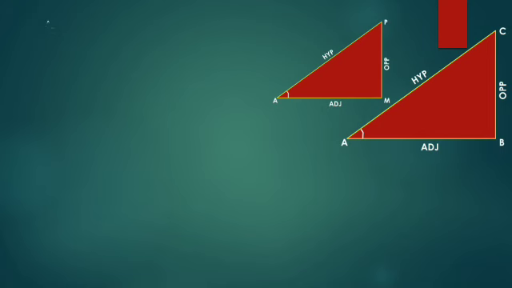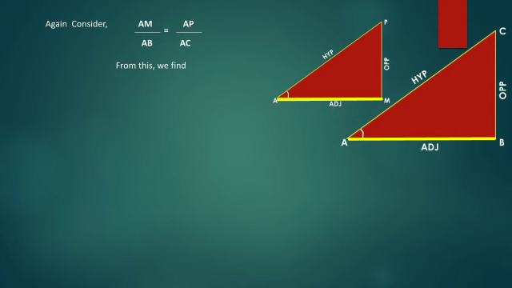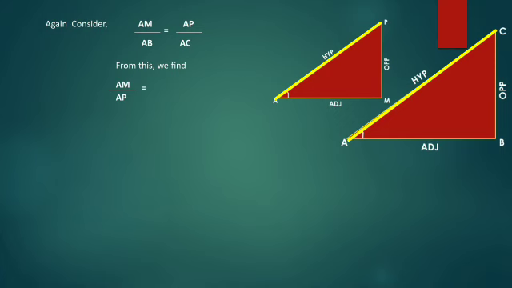Now again consider AM divided by AB. AM is the adjacent side of triangle PAM and AB is the adjacent side of triangle CAB. Again, AP and AC are the hypotenuse sides of these two triangles. By cross multiplication we get AM divided by AP. AM is the adjacent side of triangle PAM and AP is the hypotenuse of triangle PAM, which is equal to AB divided by AC.